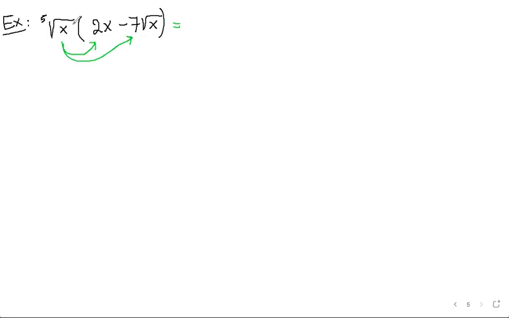I distribute the fifth root of x times the first term and minus the fifth root of x times the second term. So 2x times the fifth root of x minus 7x squared times the fifth root of x.